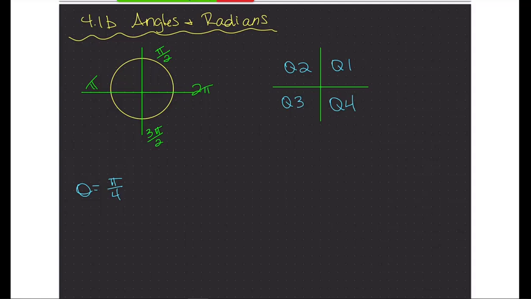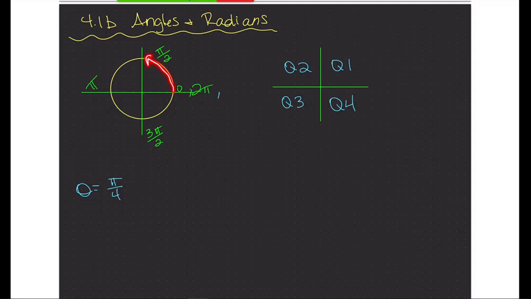So if I'm looking for pi over 4, we have to know some fractions, right? Where's pi over 4 going to be? Is that less than pi over 2, like 1/2 pi?